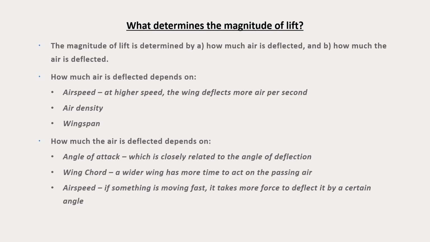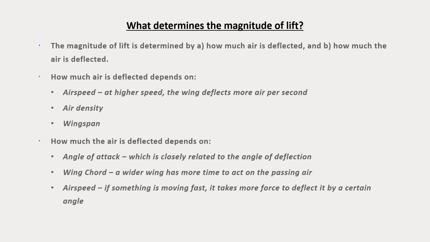Second part of it is how much are we deflecting that air? The main thing that affects that is the angle of attack. When we're at a high angle of attack, we tend to be deflecting that air at a pretty high angle. At a low angle of attack, we're deflecting it only a little angle.